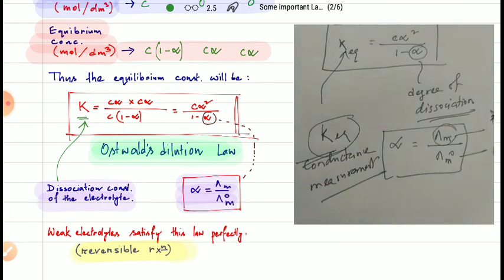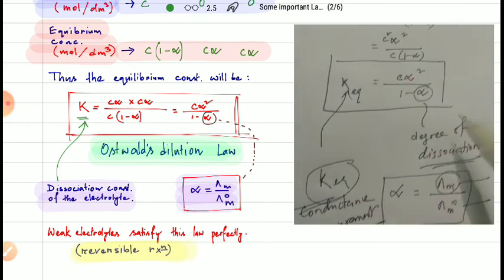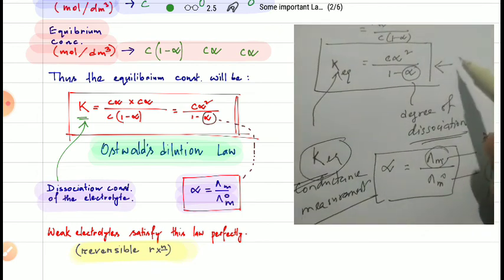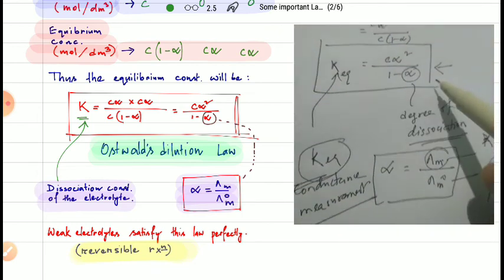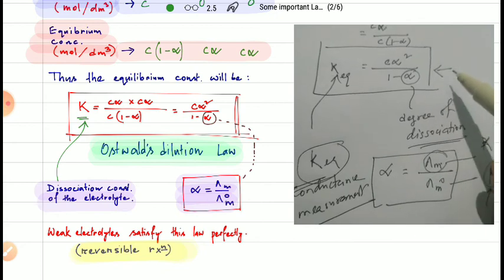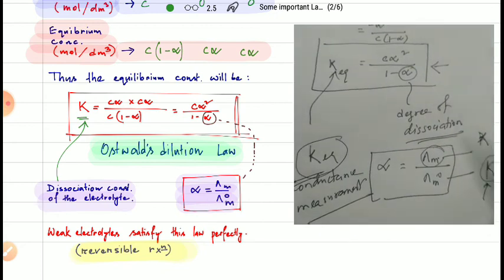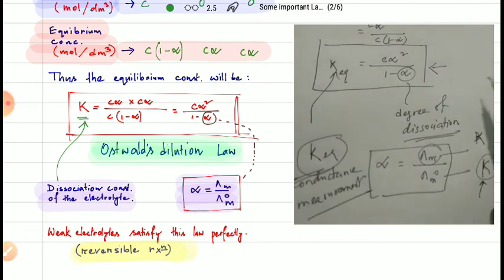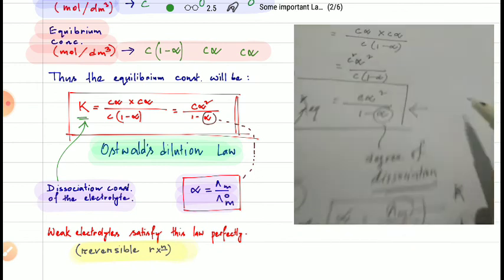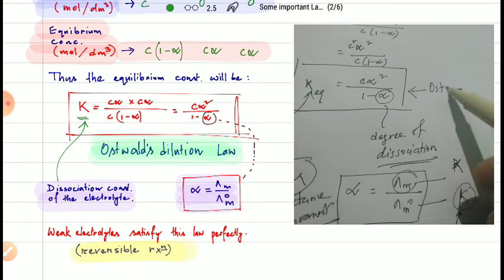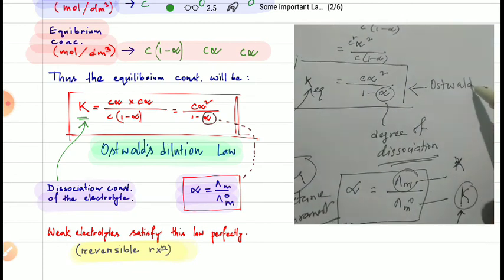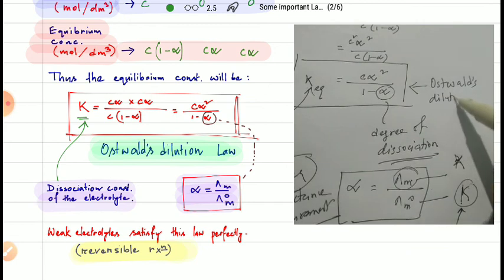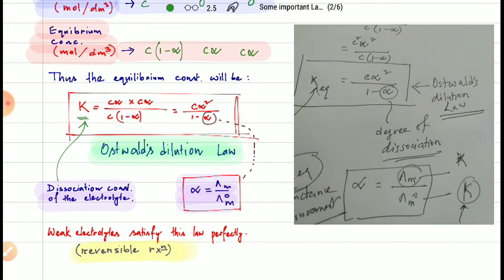It is very important and very interesting. This is the mathematical explanation of Ostwald's dilution law.